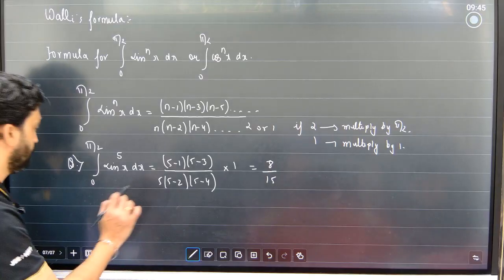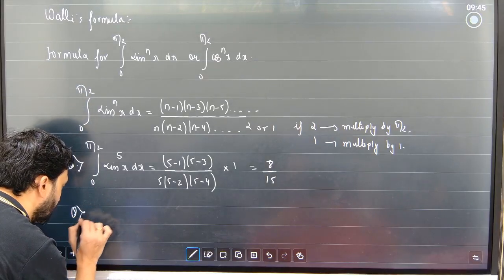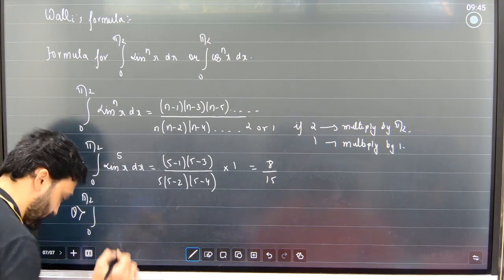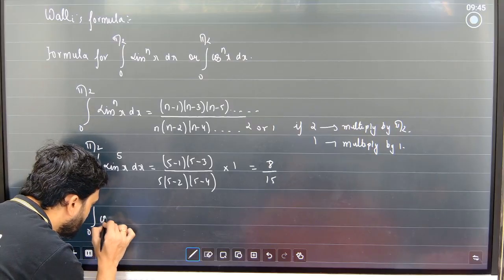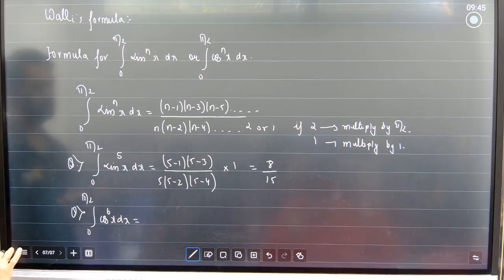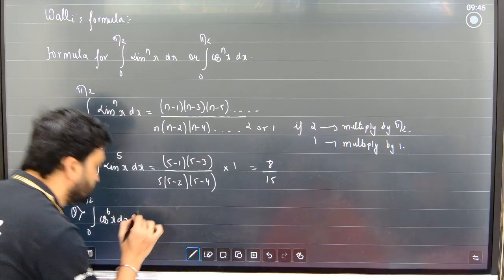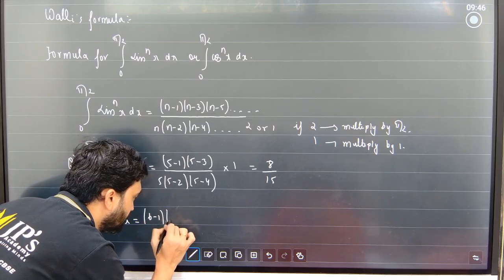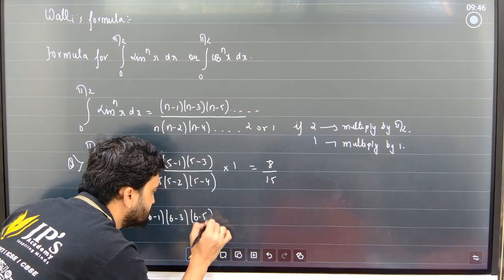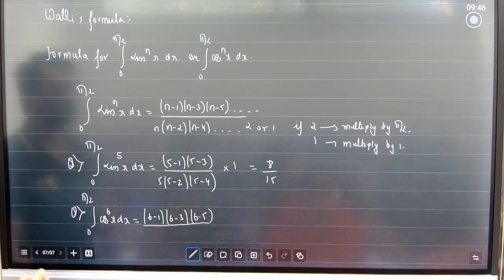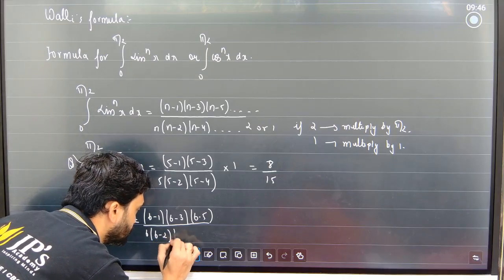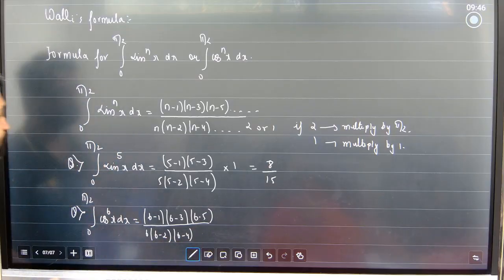Okay. Now let's take this. Integration 0 to pi by 2 of cos raised to 6 x dx is equal to, again, cos raised to 6. So this will become (6 minus 1)(6 minus 3)(6 minus 5) upon 6 (6 minus 2)(6 minus 4).